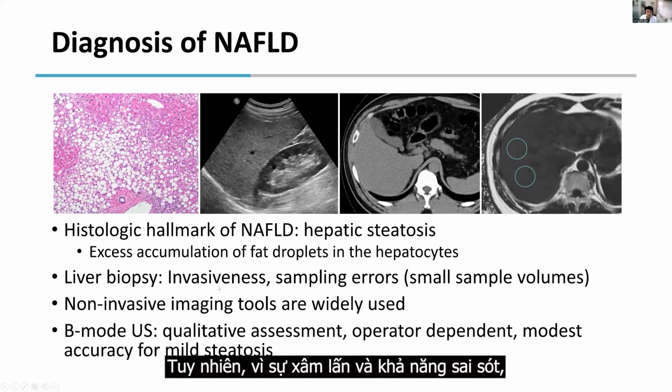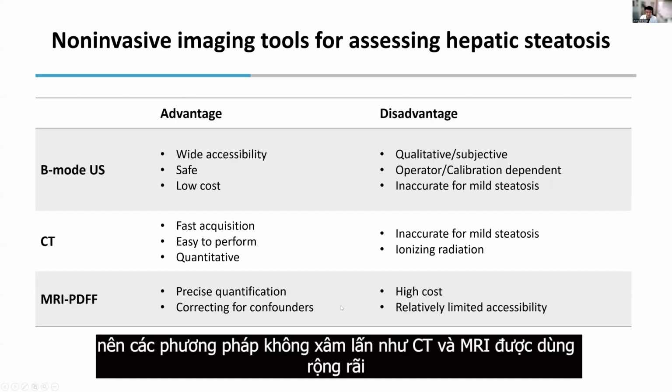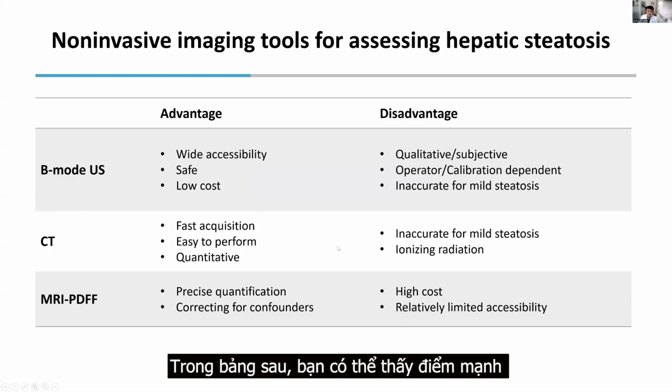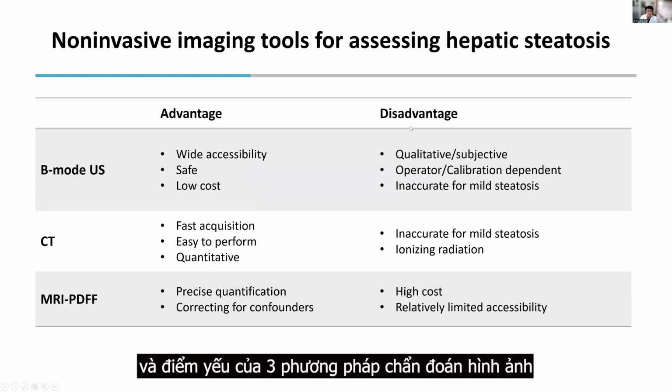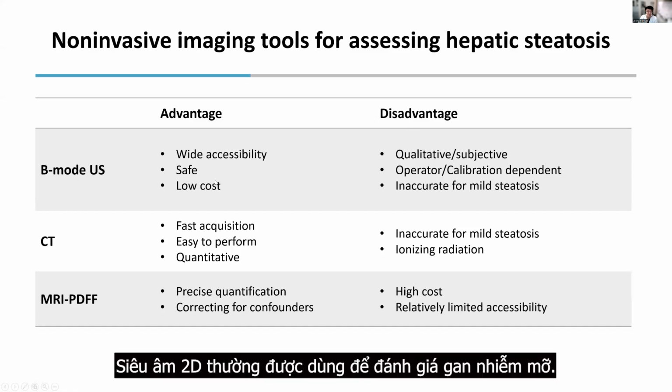However, because of its invasiveness and the possibility of sampling errors, non-invasive imaging tools such as ultrasound, CT, and MRI are widely used. In this table, you can see advantages and disadvantages of the 3 imaging tools which are commonly used to evaluate hepatic steatosis. B-mode ultrasound is widely used for evaluating hepatic steatosis.